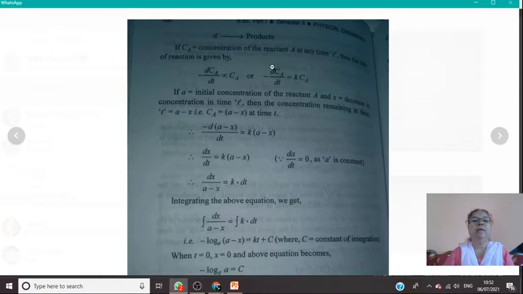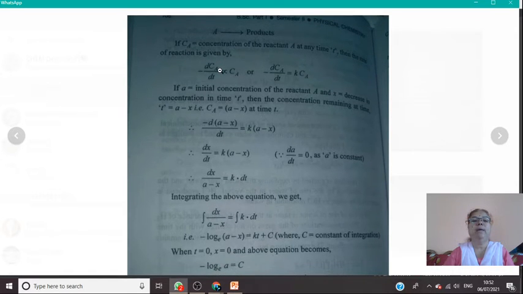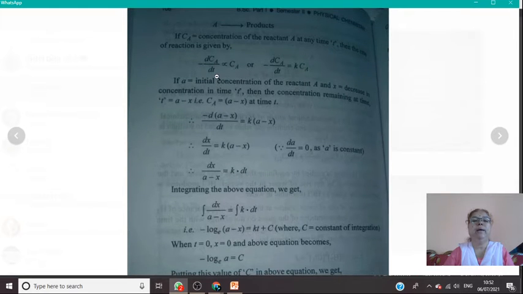If we consider CA is the concentration of reactant A at any time t, then the rate of the reaction we can write as minus dCA by dt.